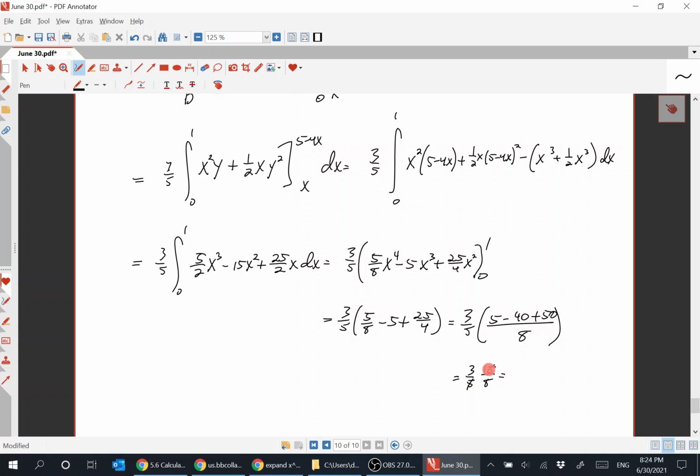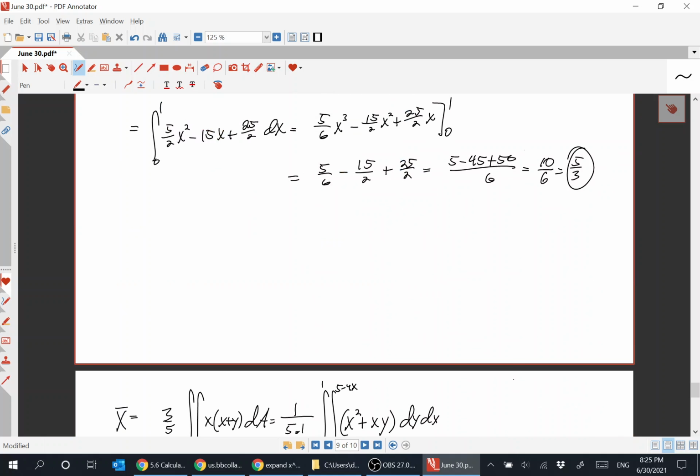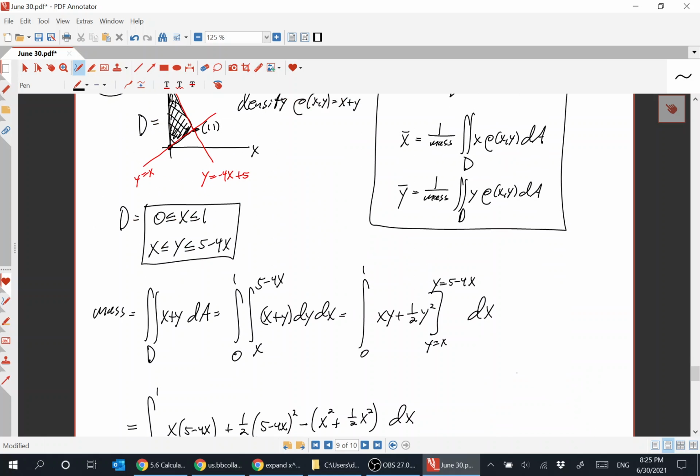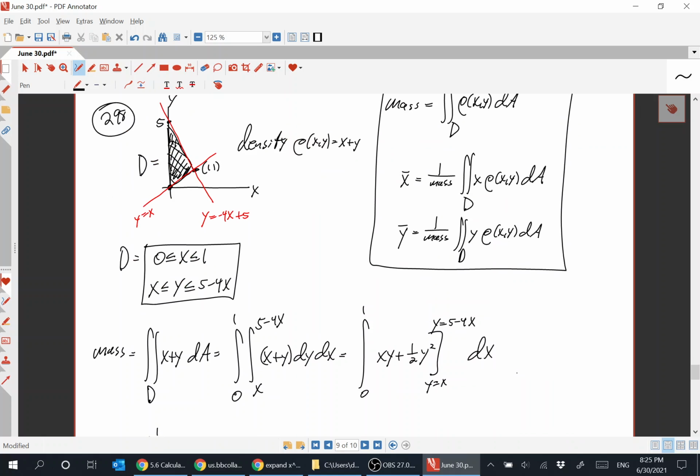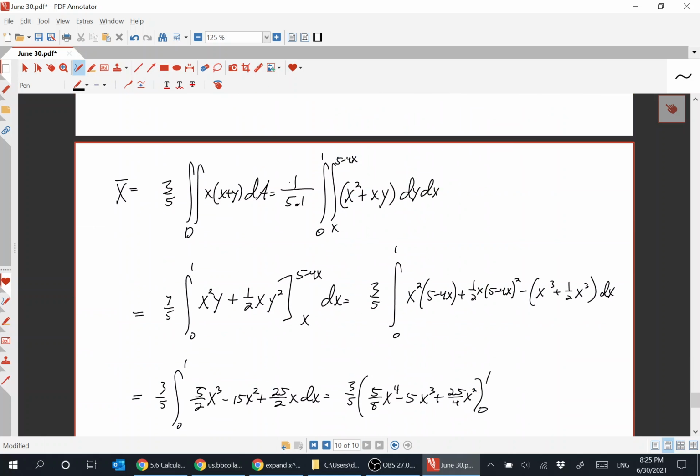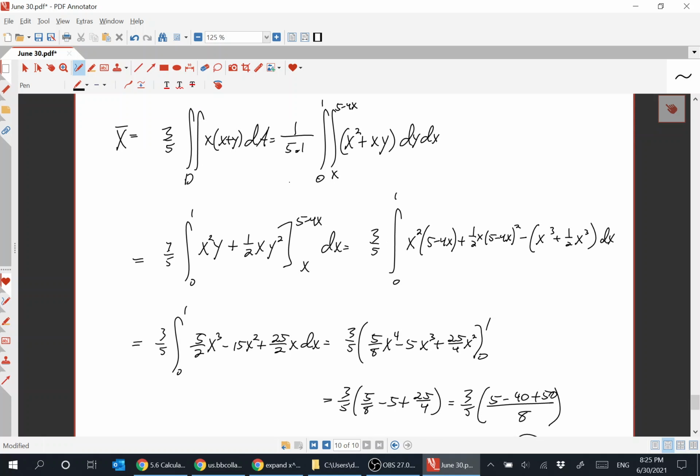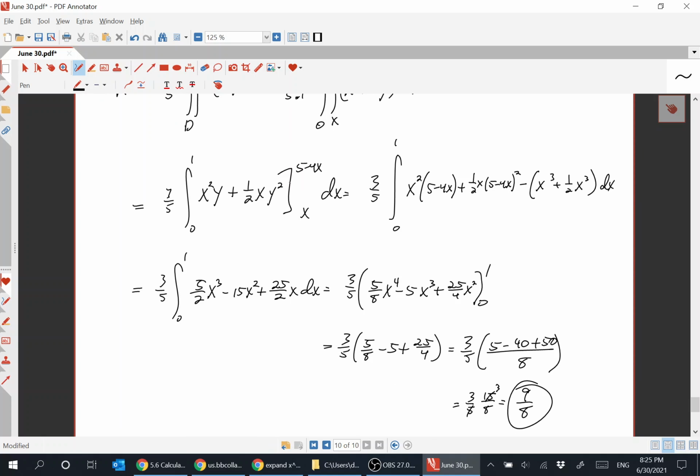So that gives me 9 over 8. So that is the x bar, the 9/8. Which can't be right because it must be between 0 and 1, it would seem. And that is past the 1, so that can't be right. 9/8.